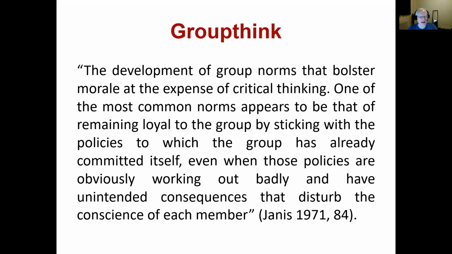Groupthink looks at a group making a decision together, and argues that the development of group norms that bolster morale comes at the expense of critical thinking, and that this is a problem for group decisions. So one of the most common norms appears to be remaining loyal to the group by sticking with the policies to which the group has already committed itself, even when these policies are obviously working out badly and have unintended consequences that disturb the conscience of each member, right?